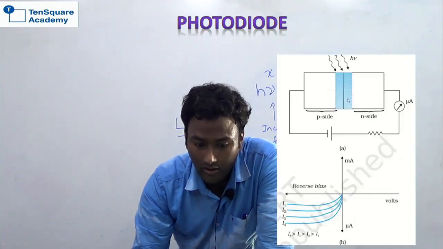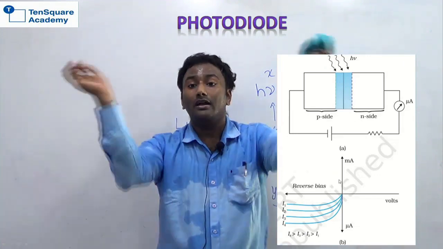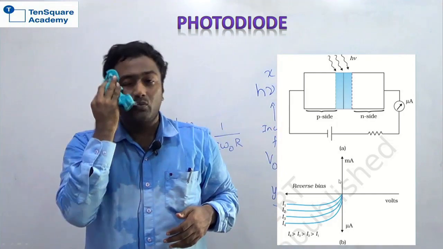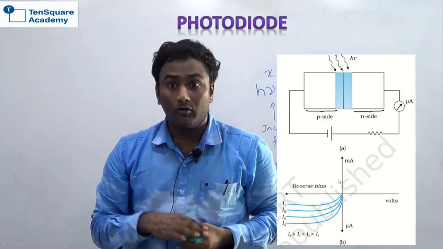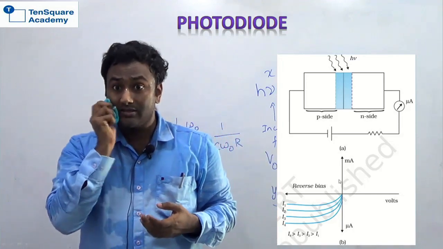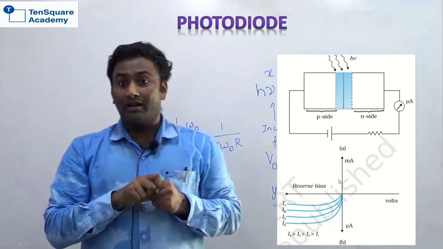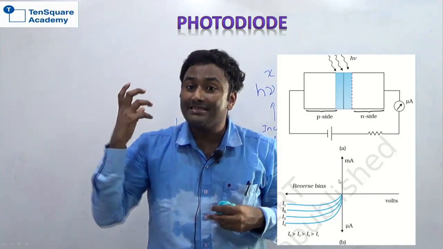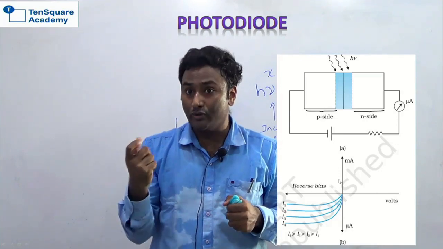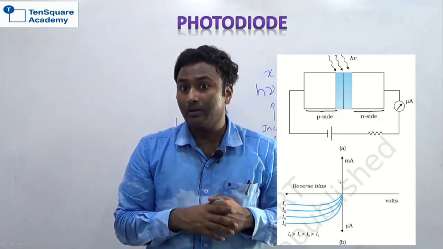And a photodiode, it functions under reverse bias, and in a photodiode they will ask you a question, why it functions under reverse bias, why not under forward bias. The reason is the photoelectric current will be in the order of microamps, and it can sensitively be captured only in reverse bias. So, this is something which we should keep in mind.